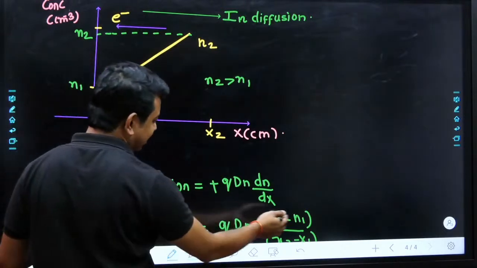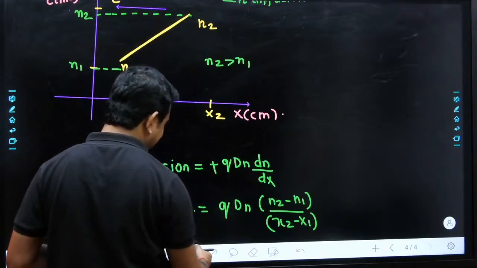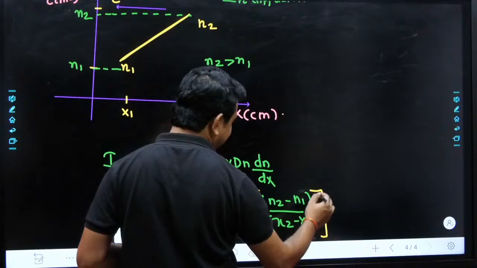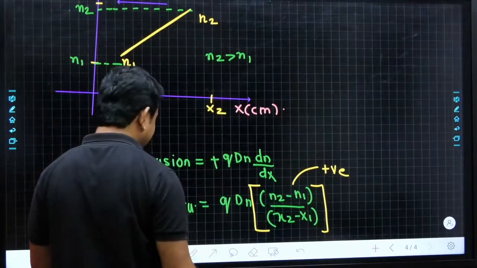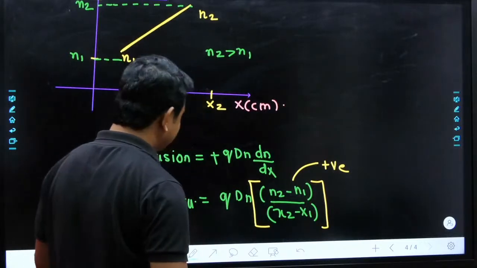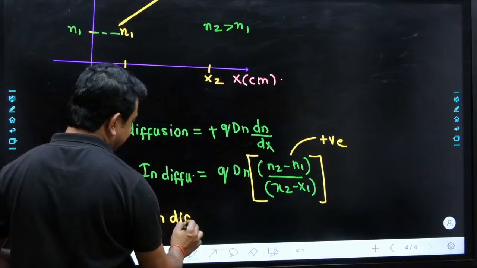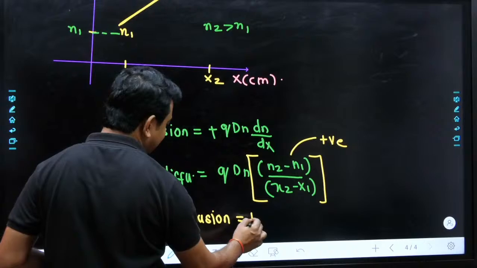So n2 is greater than n1, and similarly x2 is greater than x1. So overall this value will give a positive sign. So overall this current In diffusion will give a positive sign, and its value is positive.